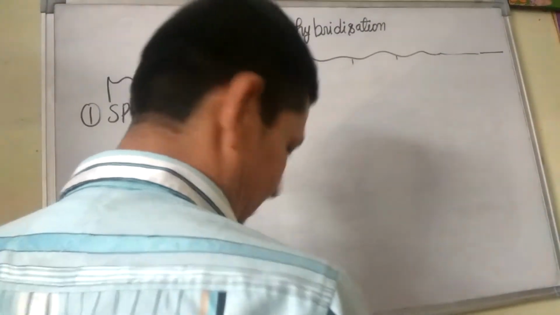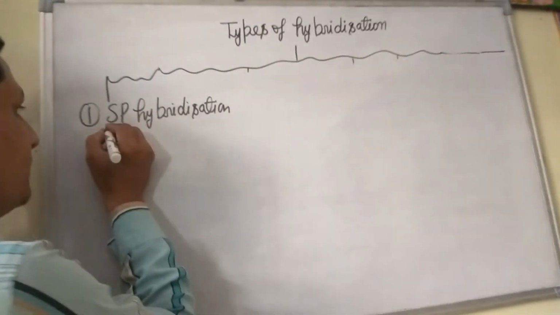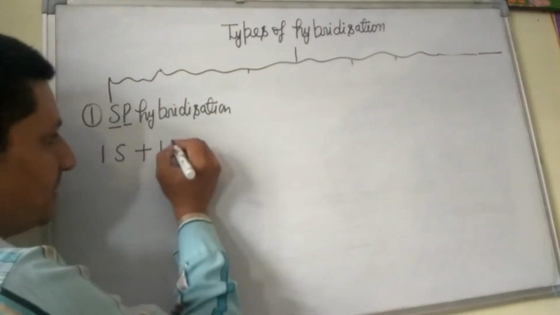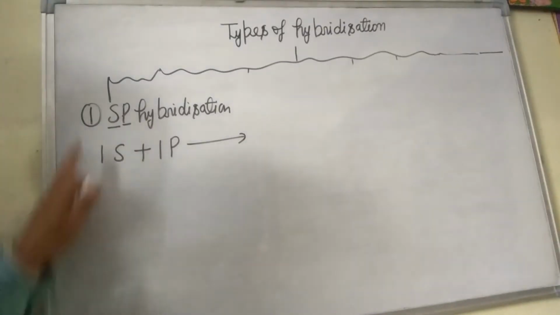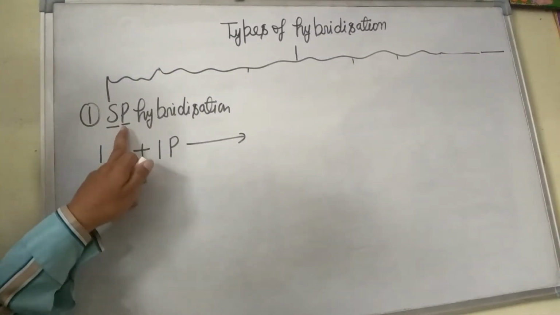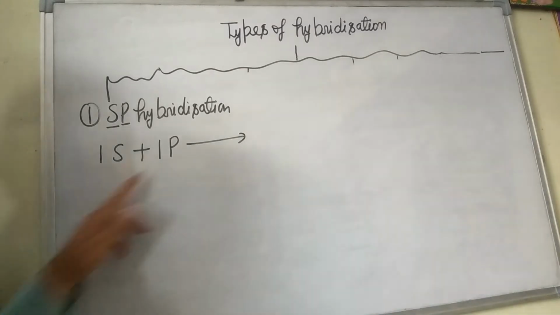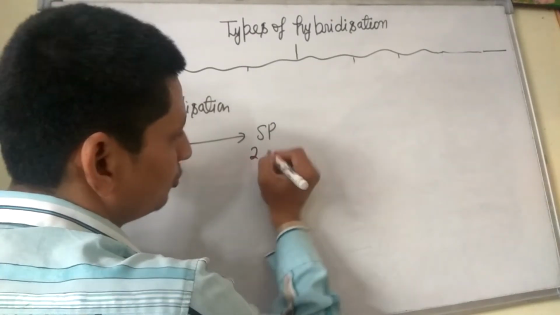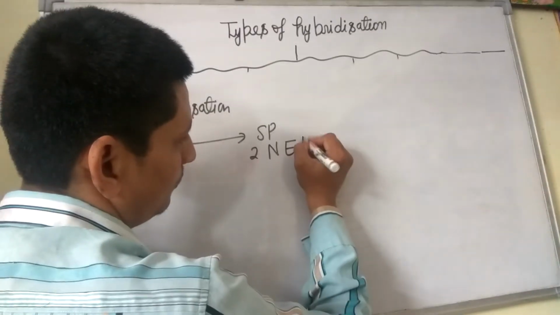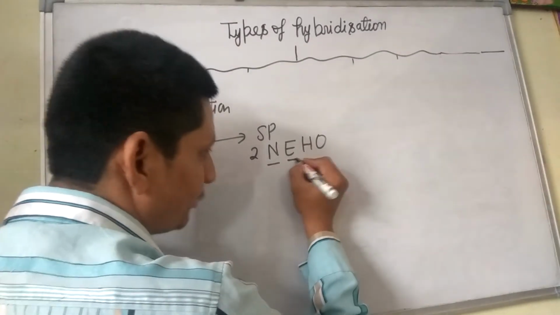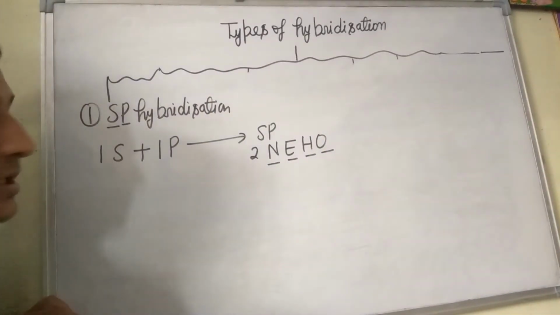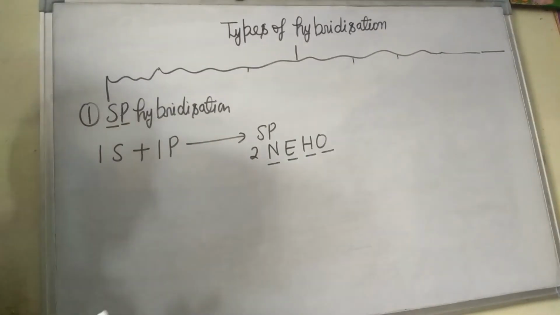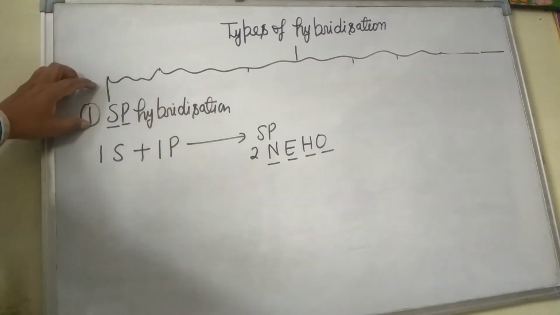When one s orbital and one p orbital mix together to form 1 plus 1, 2 NEHO, NEHO means new equivalent hybrid orbital, it is called sp hybridization.